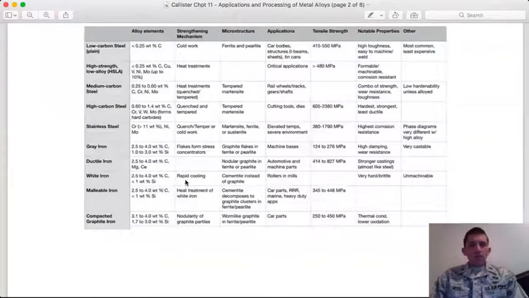But if you take this white iron and you heat treat it, just like we see with martensite going to tempered martensite, you can heat treat white iron and go to malleable iron.